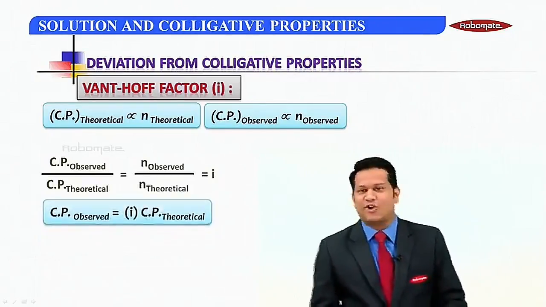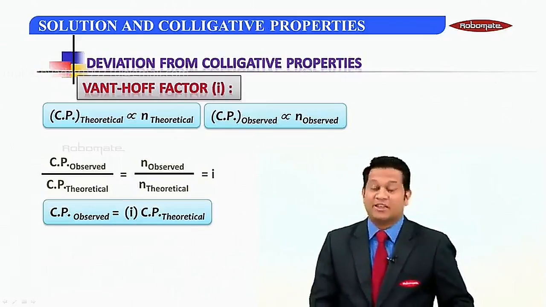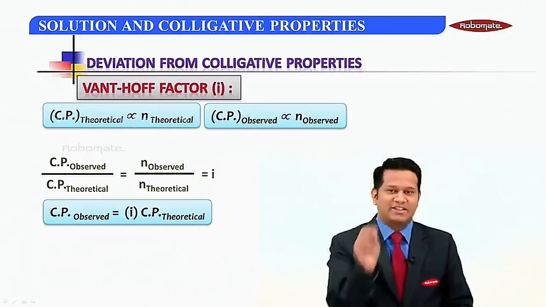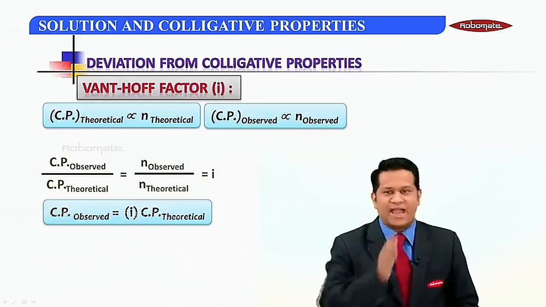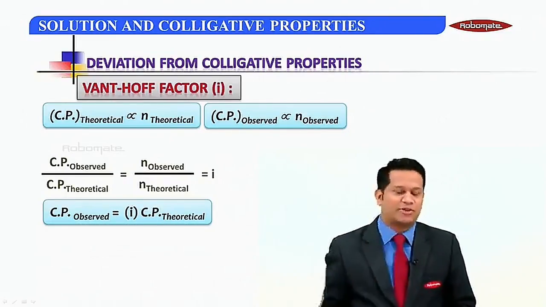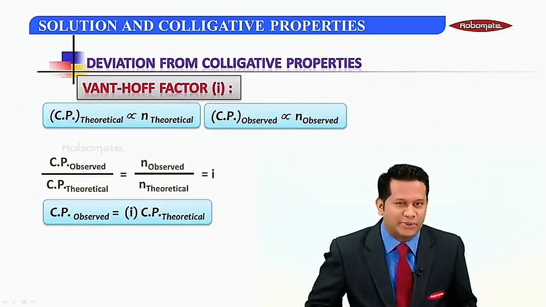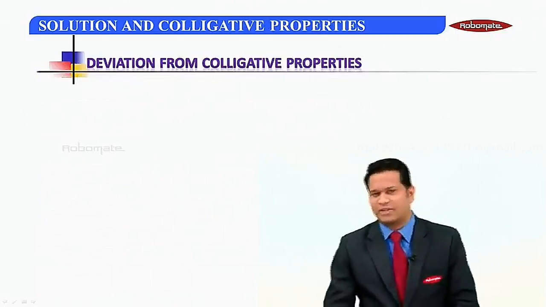Hence colligative property observed equals i into colligative property theoretical, for an electrolyte showing association or dissociation.